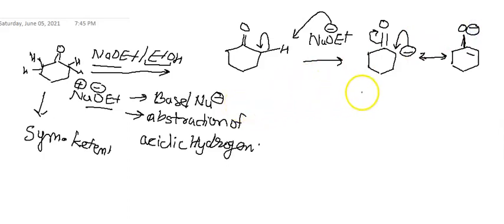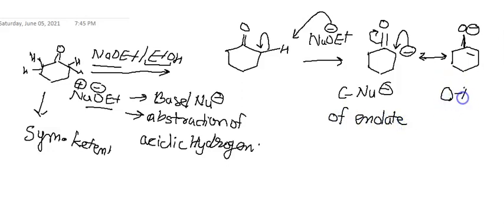This is your carbon nucleophile of the enolate, and this is your oxygen nucleophile of the enolate. Both are possible in the reaction.